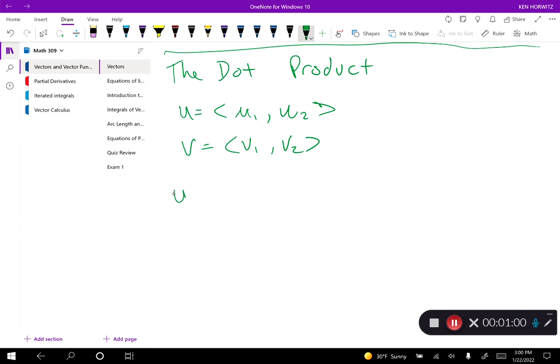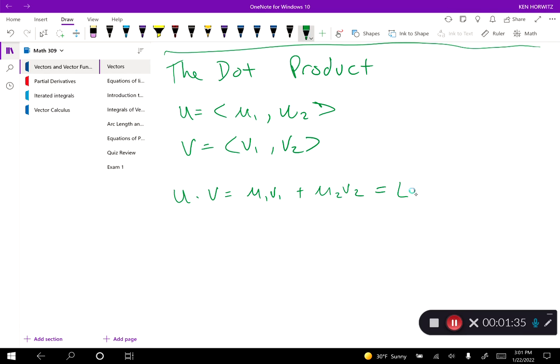If I do u dot v, you take the first elements and multiply them, u1 v1, and I'm going to add that to multiplying the second elements together, u2 v2. And when I add those together, I get a single number. I'm going to call that L, let's say.